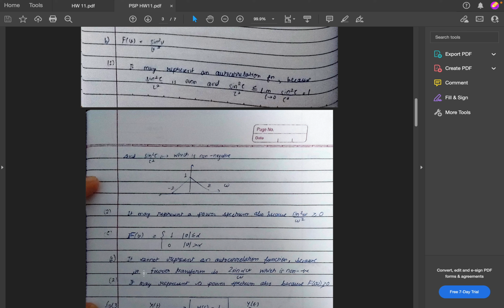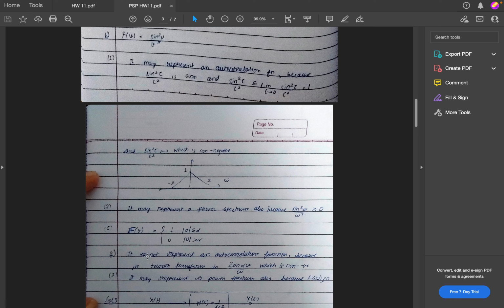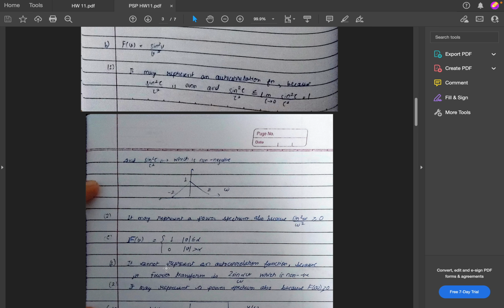Now for the power spectral density, we can always see that f of omega is always non-negative, as we see from the values given. So this function represents a power spectrum.